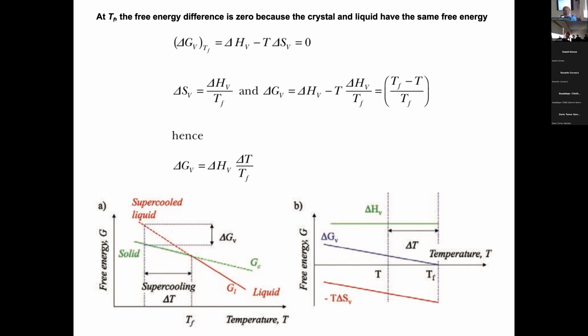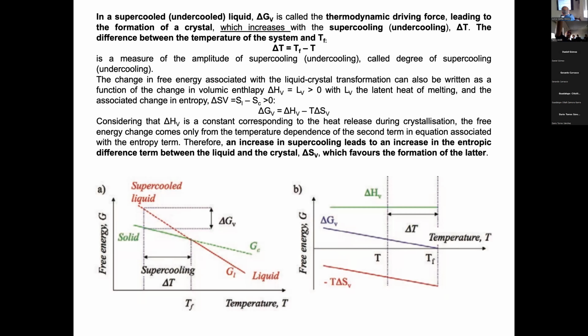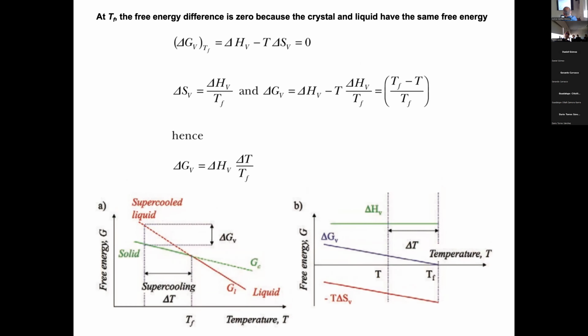So this delta T here is the delta T that we defined before, the undercooling condition. At the end, you see there is a relation between the delta T and the delta GV, as we said before. If delta T increases, the delta GV will increase.